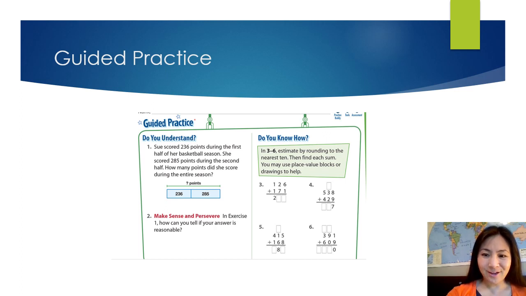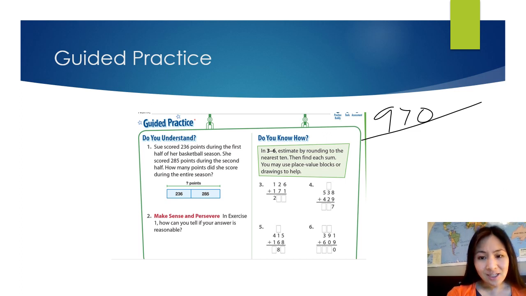So we were working on number 4. We already found the estimated sum. That was 970. I'll just put that up here so we remember. And so we're adding the ones. 8 plus 9 equals 17. So we've got 7 ones and regroup for 1 ten. Now add the tens. 1 ten plus 3 tens plus 2 tens equals 6 tens. I don't know if I'll be able to squeeze it in right here.